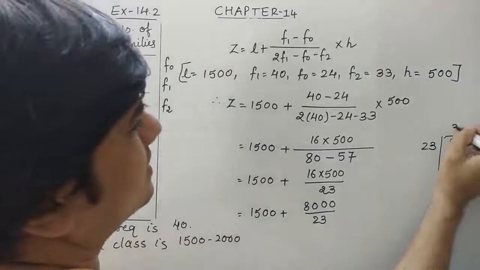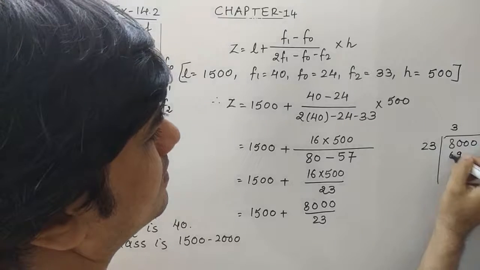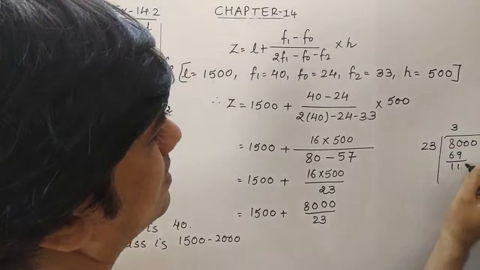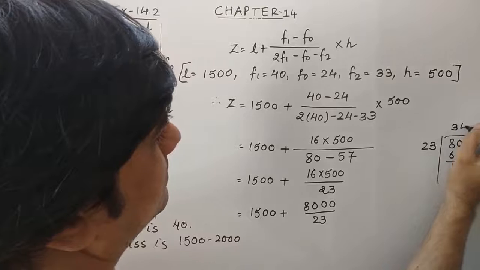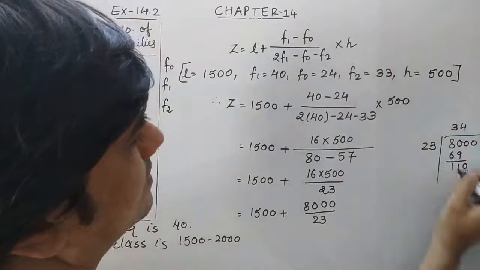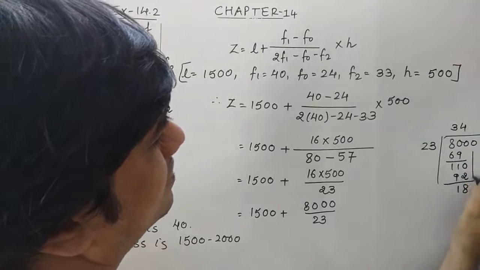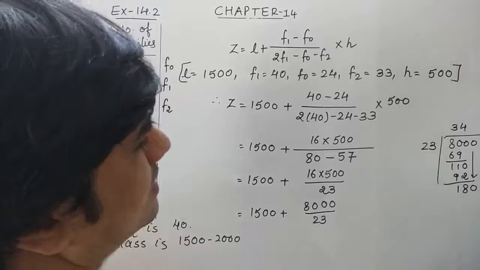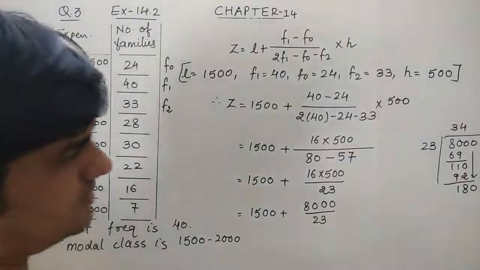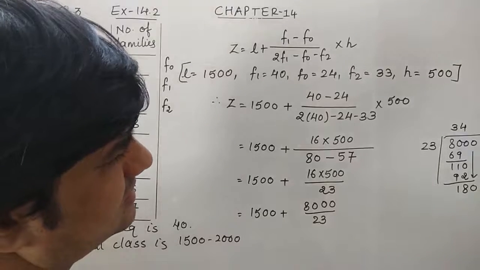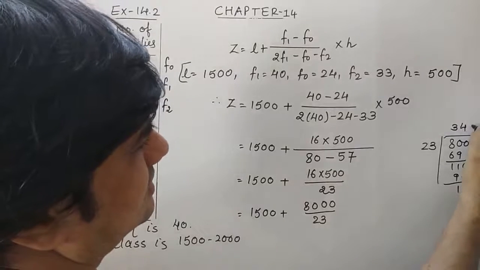23 threes are, 4s are, 8, 1 more carry. 5s are, 6s are, 7s are, 8s are.